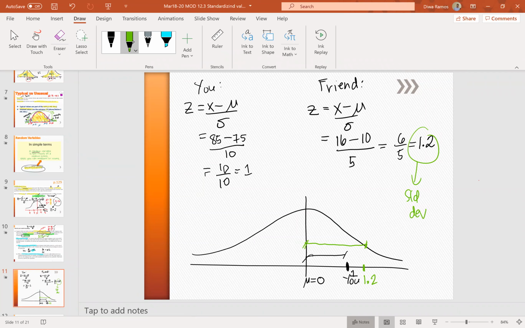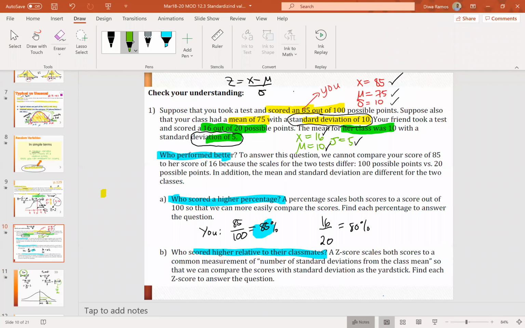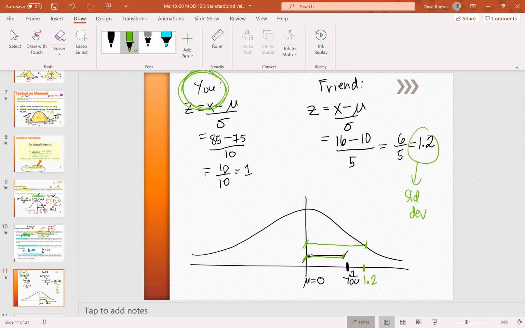However, the 85% earlier, our score, is 1 standard deviation above the average of our own class. So if you compare performances, it would seem that your friend actually outperformed us, because relative to her own class, she's further away from the average.